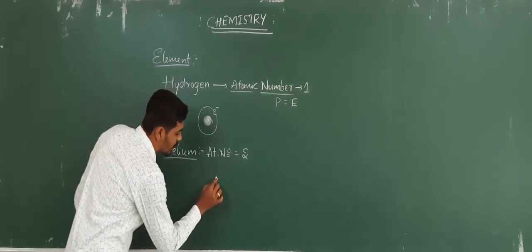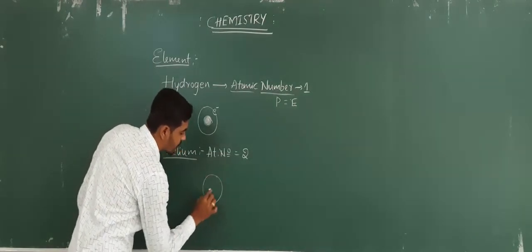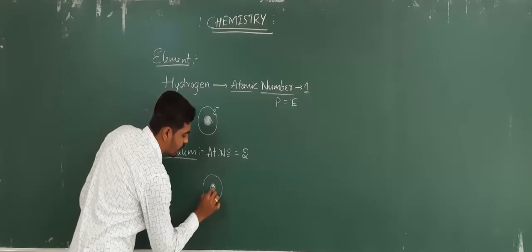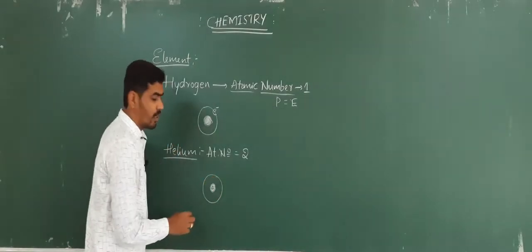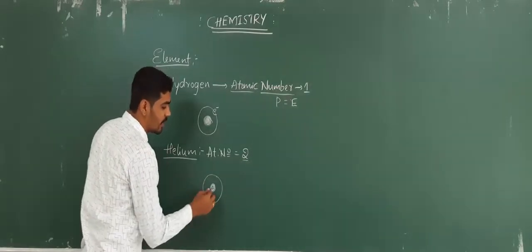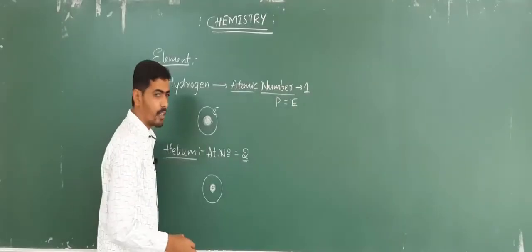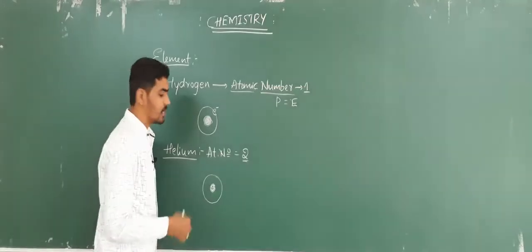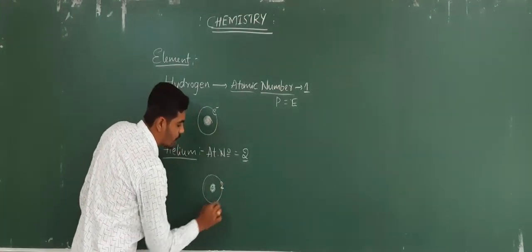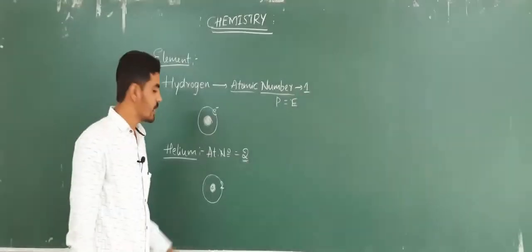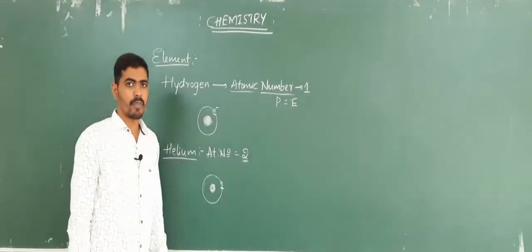First you have to draw the nucleus. Then in the first shell, how many electrons are there? If there are 2 protons, then the number of electrons is also 2. Therefore 2 electrons are revolving around the nucleus of the helium atom.